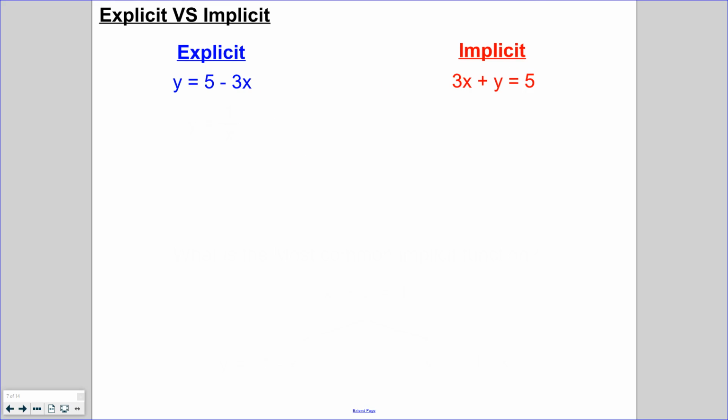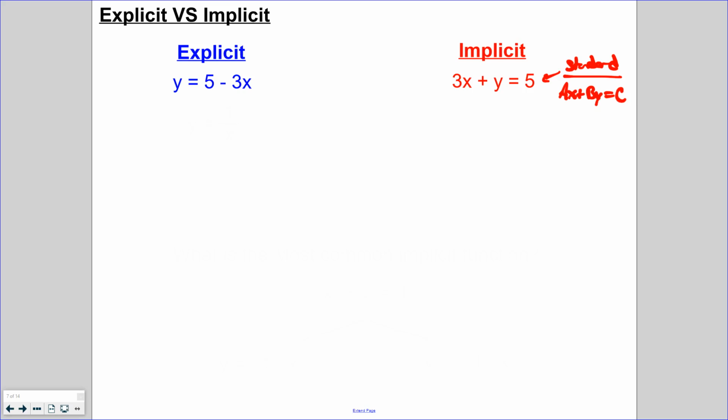And if you remember way back when we first started learning about linear equations, this is the standard form of a linear equation, which remember was ax plus by equals c. And that is the implicit form of our linear function.